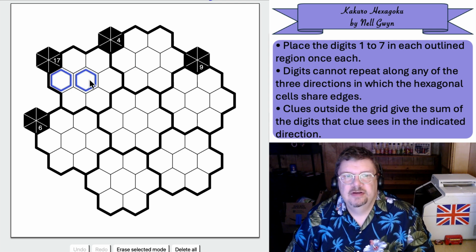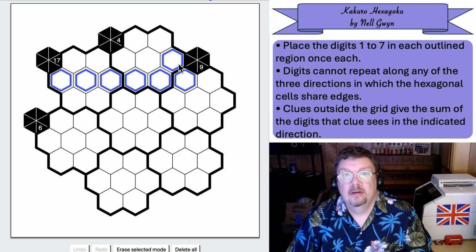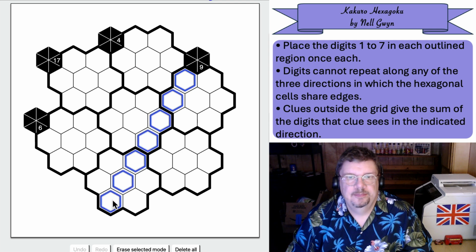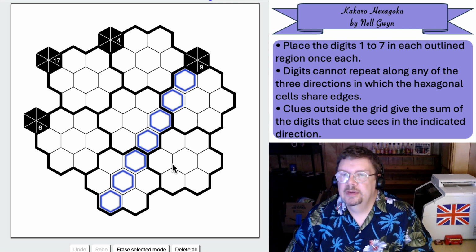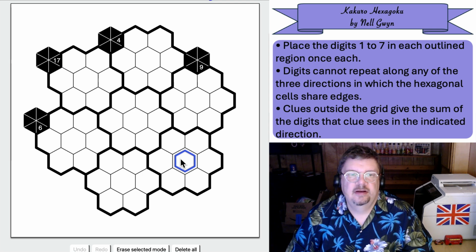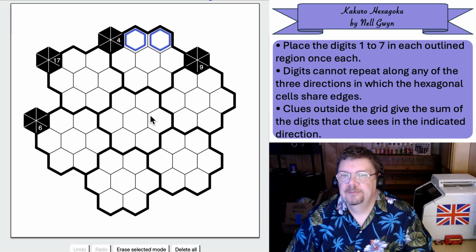So I can't repeat digits along here, I can't repeat digits along here, and I can't repeat digits along here. Clues outside the grid give the sum of the digits that clue sees in the indicated direction. So those two are going to sum to 6, those two to 4, and so on.